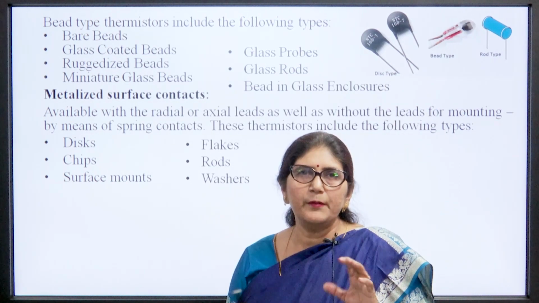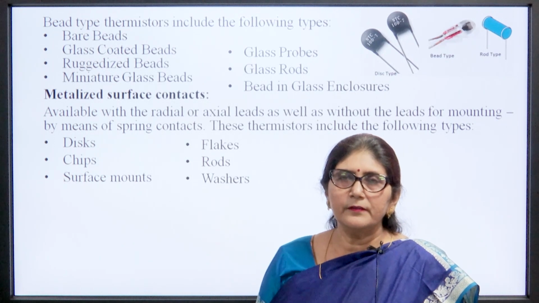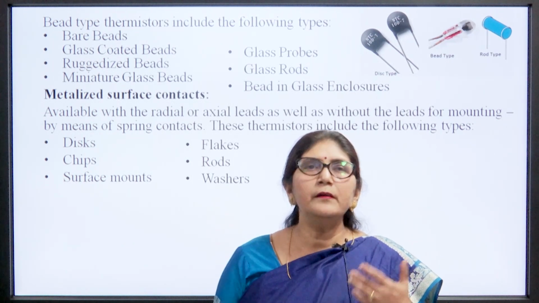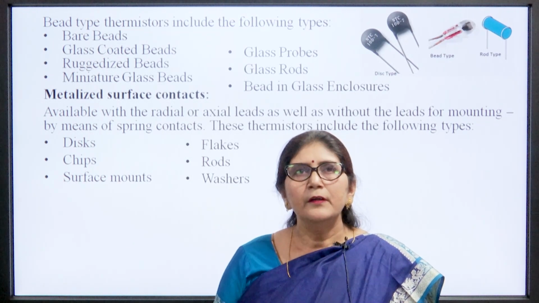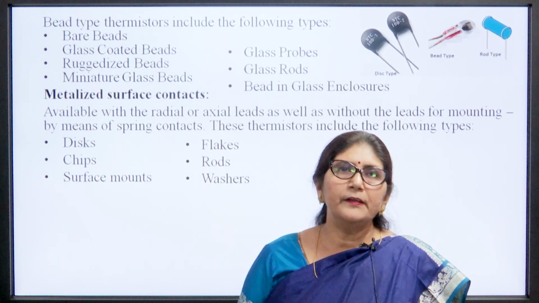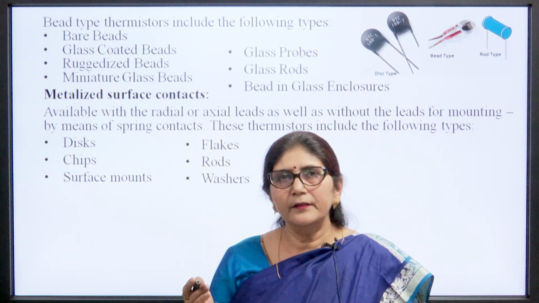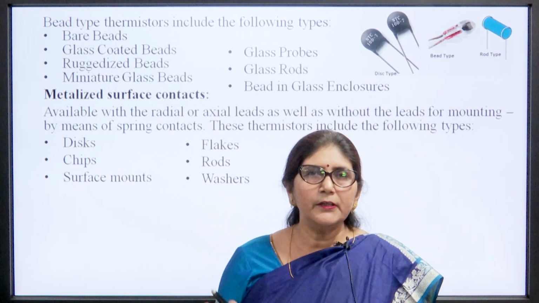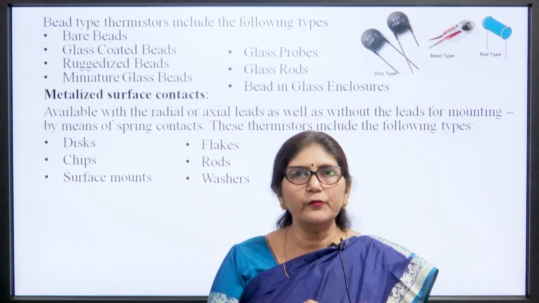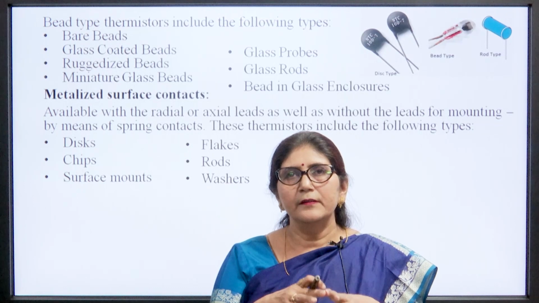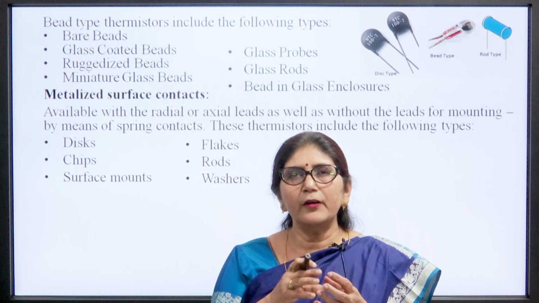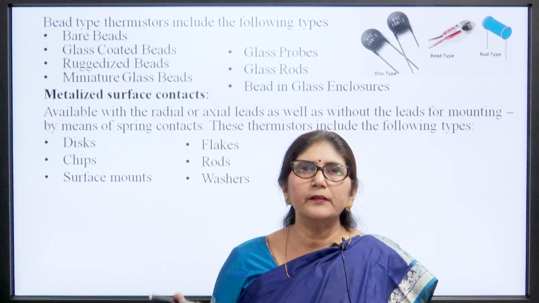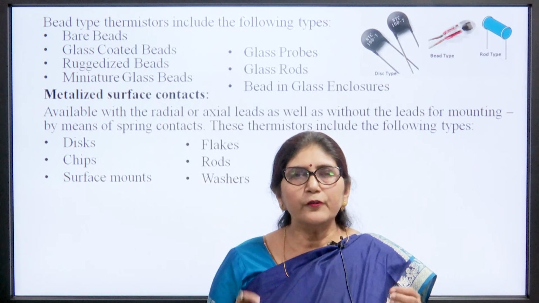There are many types of thermistors that come under the bead type thermistors. And then there is the other type, that is the metallized surface contact. Bead type thermistor is generally enclosed in glass, because it will not be impacted by changes in weather conditions, and it should be rugged.